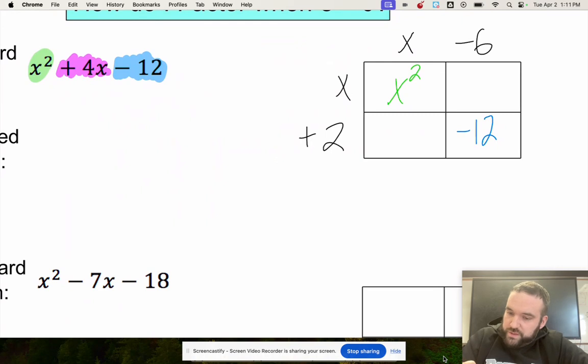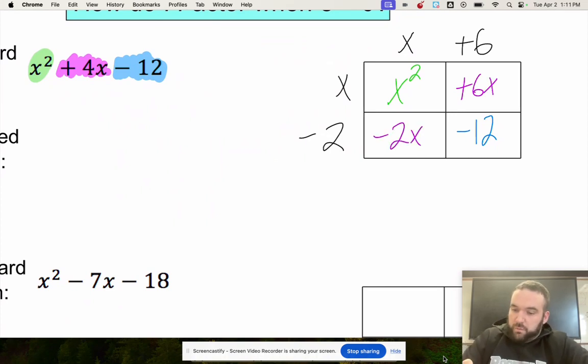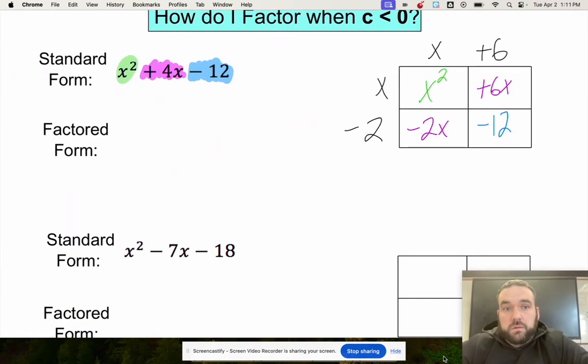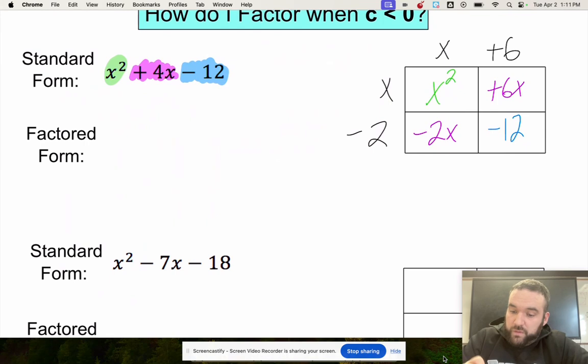So all I'm going to do is make my 2 negative, 6 positive, and I have plus 6x and minus 2x. Sure enough, that works out because those two combined will make positive 4x. So then my factored form, again, is two binomials.